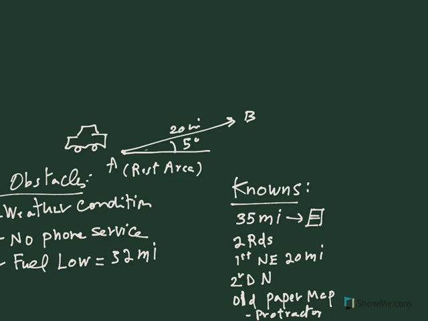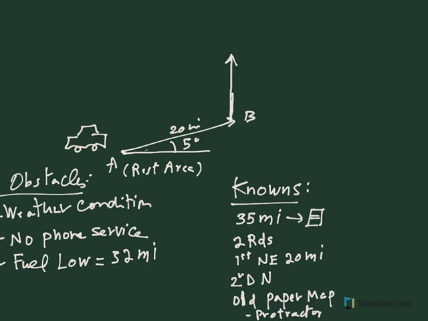Anyway, he added this second road, whose direction is north. It's a straight road, and it does intersect with the first road, because both roads lead to the nearest gas station.